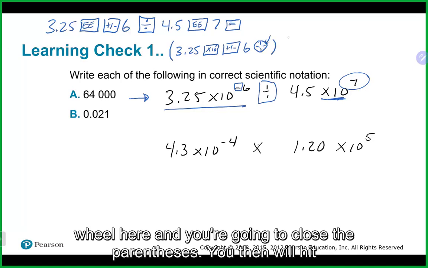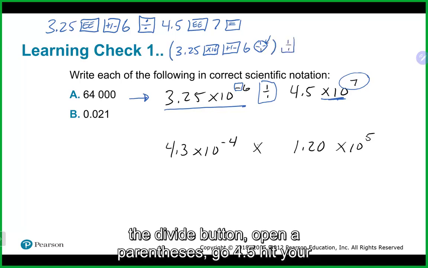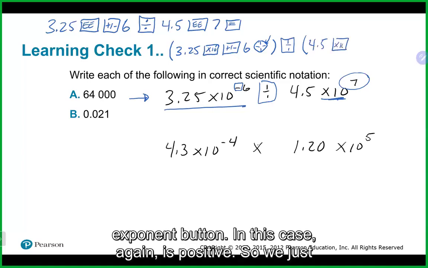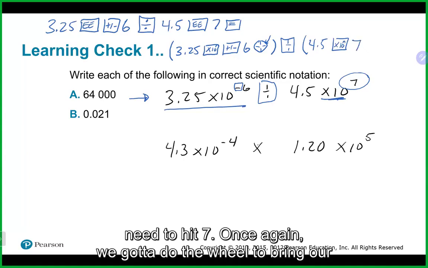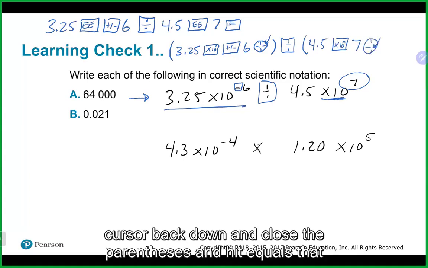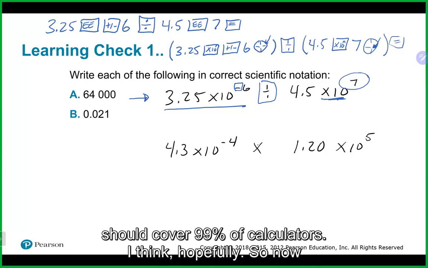You then will hit the divide button, open a parentheses, go 4.5, hit your exponent button. In this case, again, it is positive, so we just need to hit 7. Once again, we have to use the arrow to bring our cursor back down, close the parentheses, and hit equals. That should cover 99% of calculators, I think, hopefully.